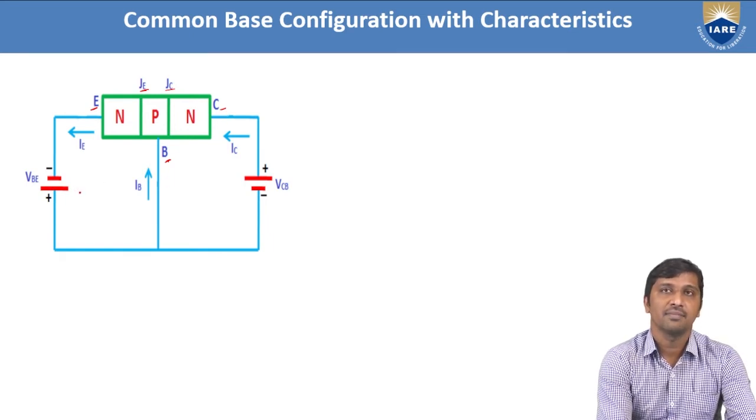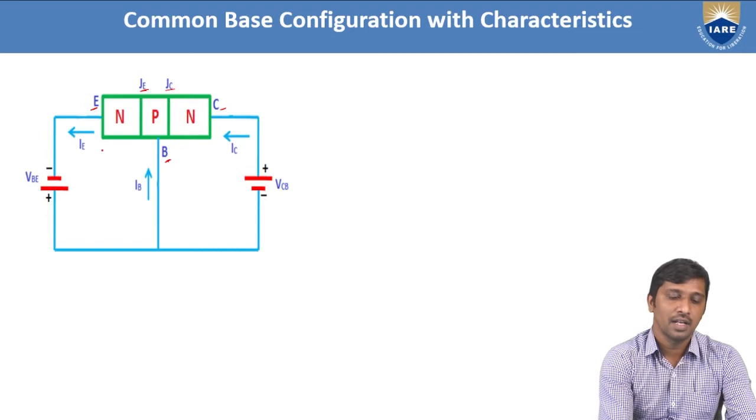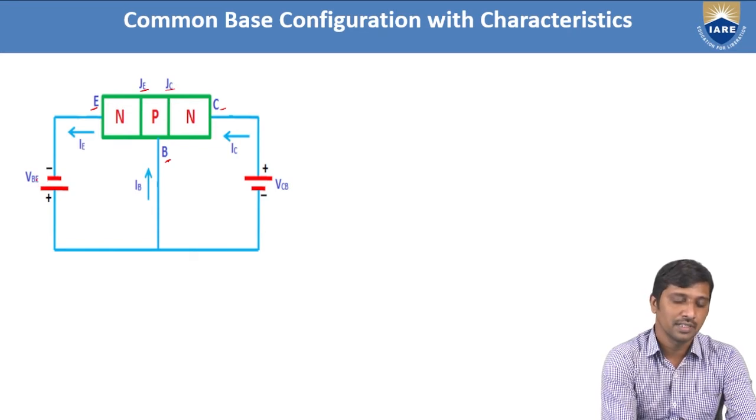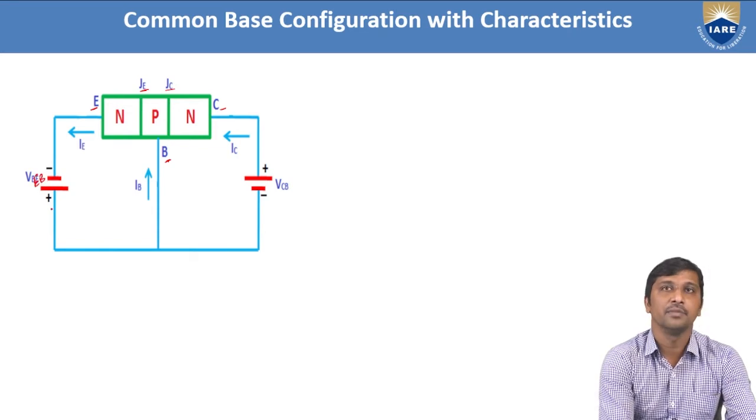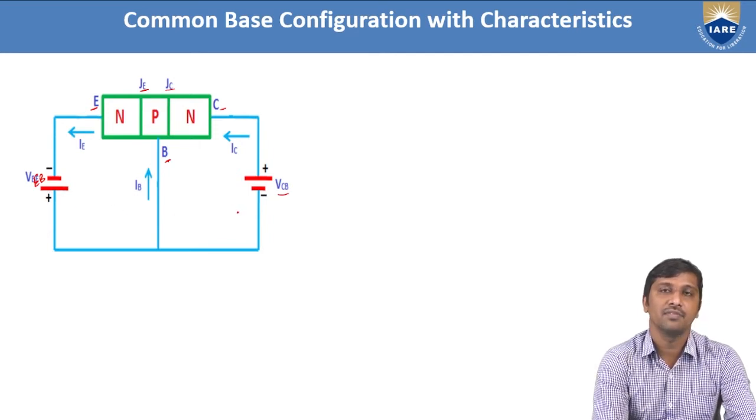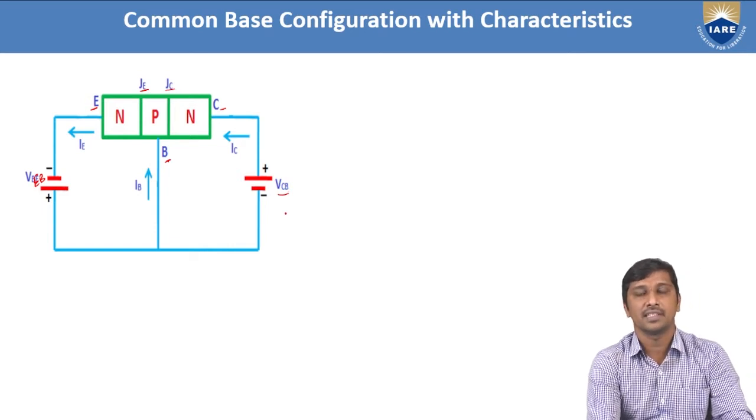Then we need to measure some biasing. Between these two, we measure the potential difference between emitter and base, which is represented as VEB. If we measure the potential difference between collector and base, it is represented as VCB, where the third letter indicates the type of configuration we used. Here B is used for the common base configuration.